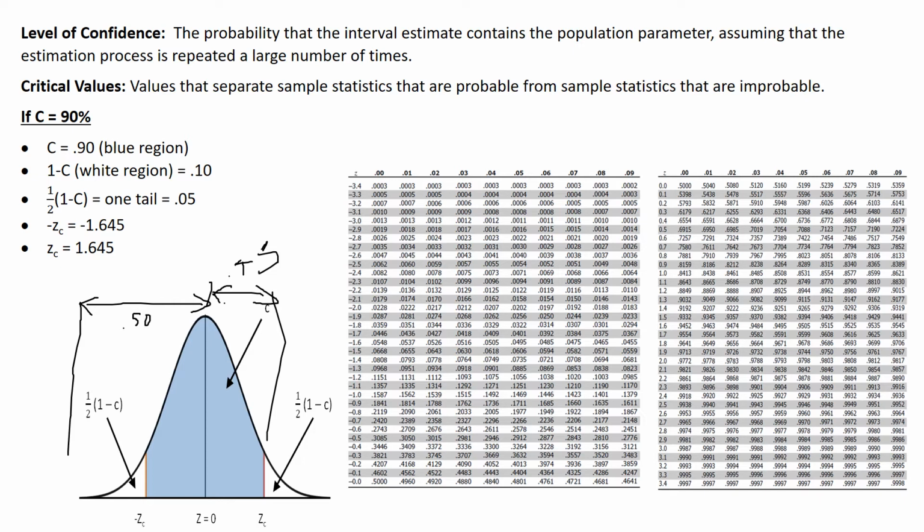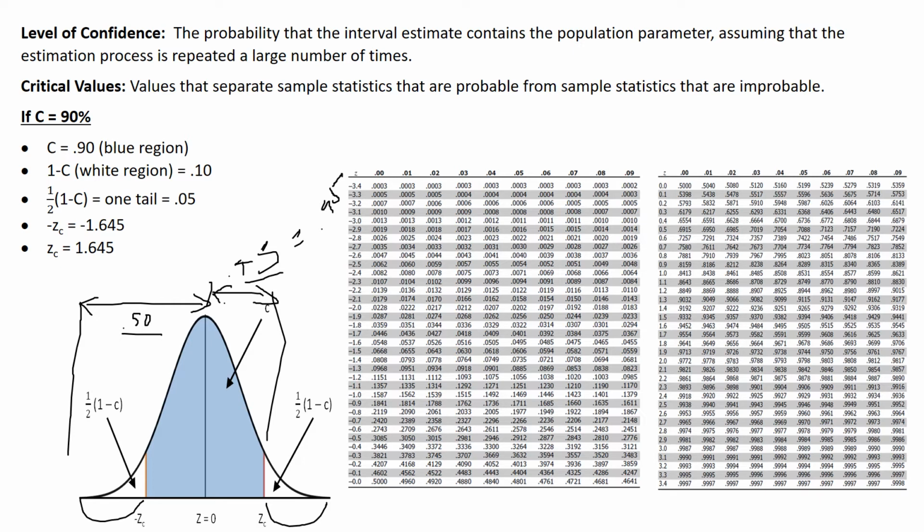Because this is 0.5 here, and this is 0.5 here, that's 10%. So 0.5 plus 0.45 equals 0.95. And remember, all these numbers here are the percentage under the curve.